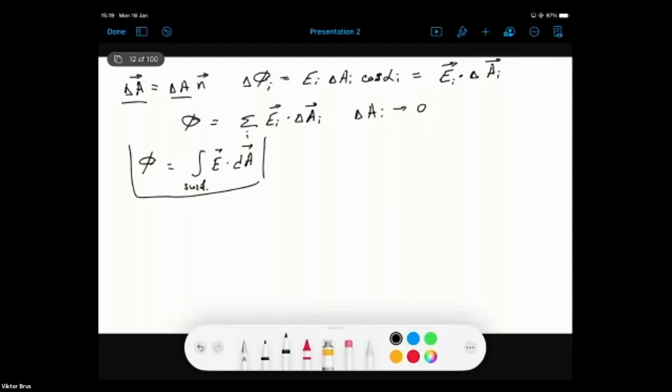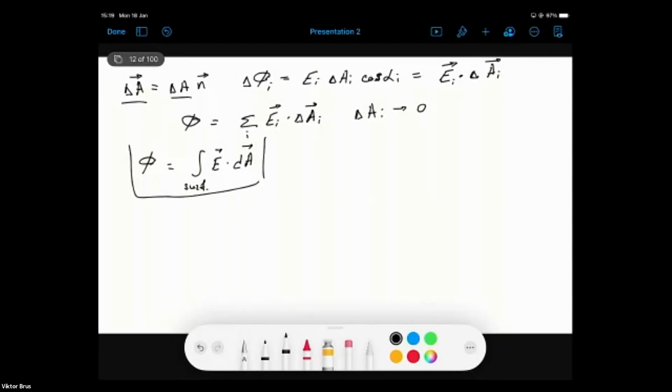So if we have some sphere, then the surface of this sphere is a closed surface which divides space into inside space, which is enclosed by this surface, and outside space, which is outside from this closed surface.